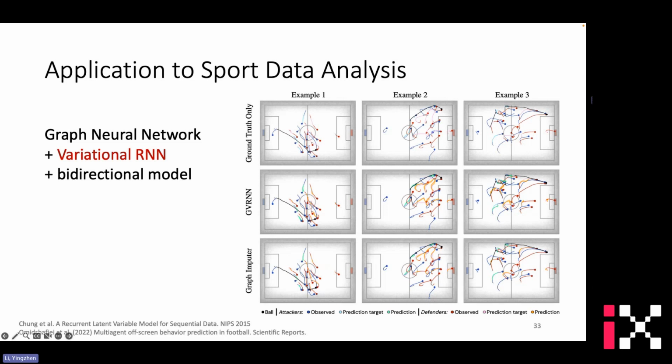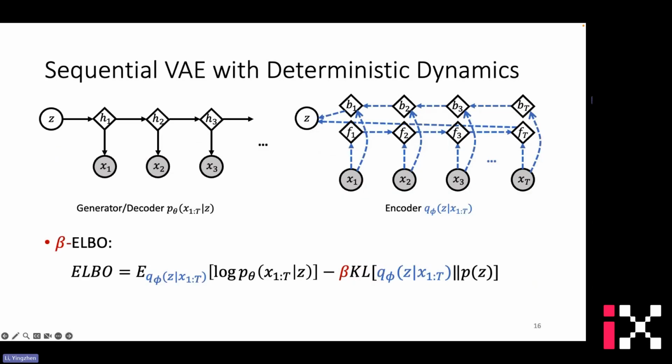But I guess that's not related to this beta factor we are talking about. This beta factor is purely because people observed that you cannot simultaneously maximize the first term while also getting the second KL term very small, because there is a trade-off.